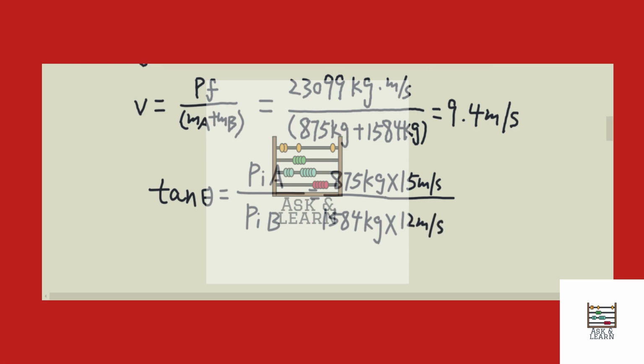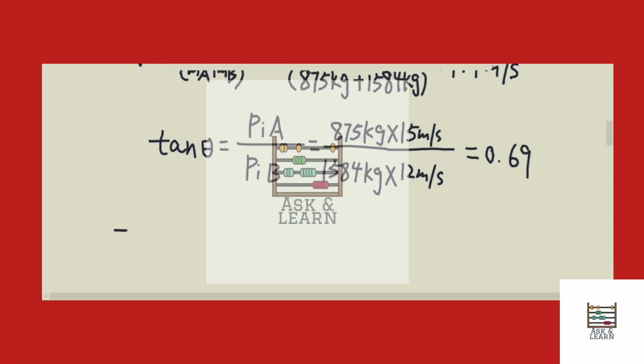This will give us a tangent theta of about 0.69, and then theta is equal to the inverse tangent of 0.69, which is about 34.6 degrees.